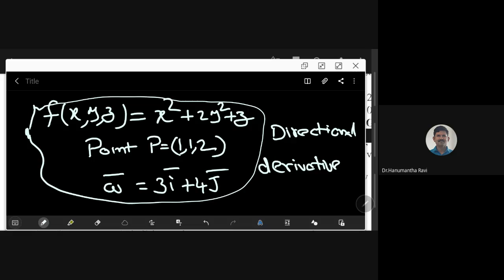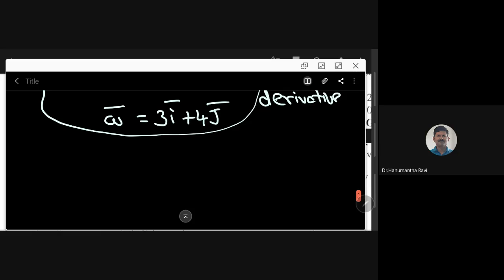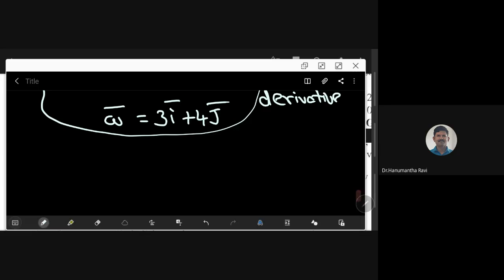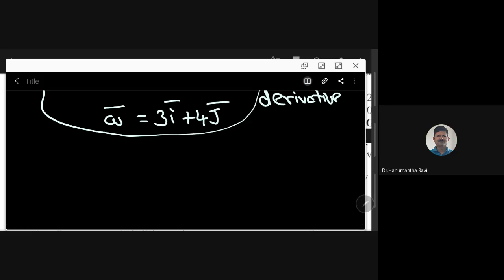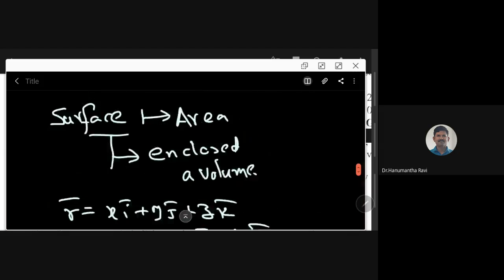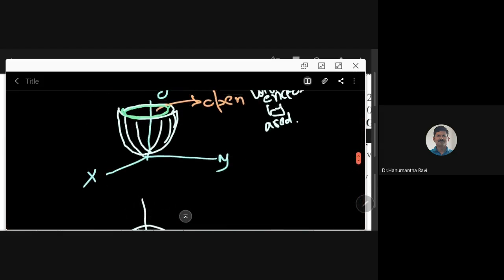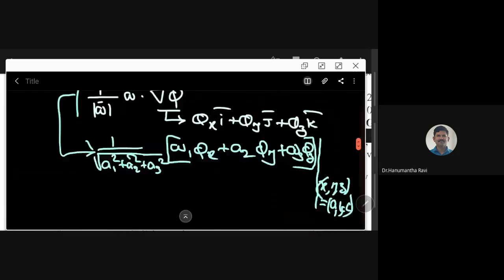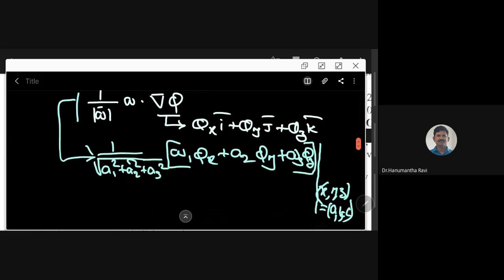So what will be the formula here? I am writing the formula simply. We have already discussed that. This is the formula we are going to use, so in place of phi, you have f there, that's all.